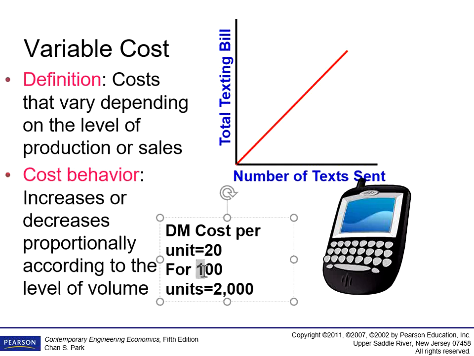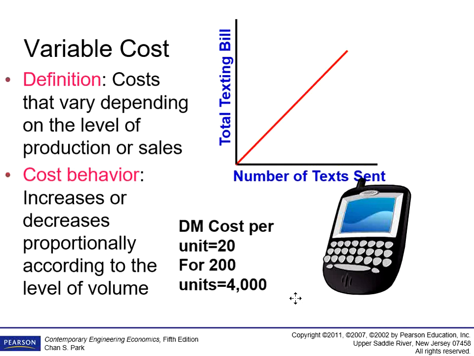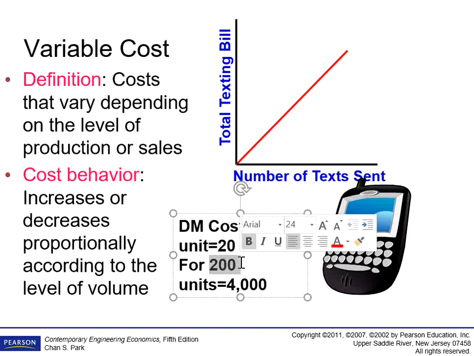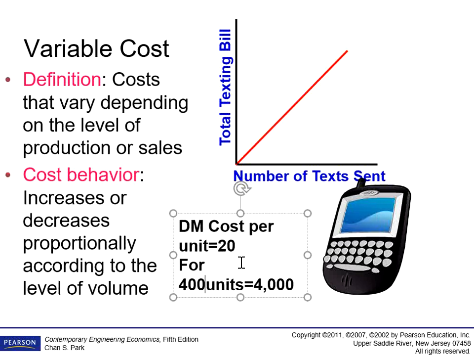What if we have 200 units? What will be the cost? 200 times 20, it will be 4000. So this is what we call proportional, right? If you double the units, the cost will double. So variable cost changes if you change the number of units. If we have 400 units, what will be the cost?